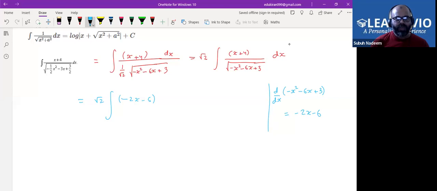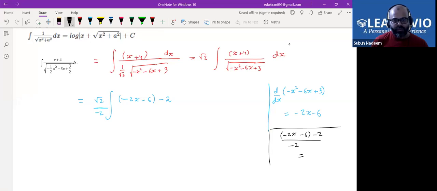If you put minus 2x here, you have to divide by minus 2 also. Then minus 2x by minus 2 will be x, and minus 6 by minus 2 will be 3, and here it is 4. So you have to do minus 2 also. This is the extra minus 2. So we are writing minus 2x minus 6 minus 2 by minus 2, and this will give you x plus 4.